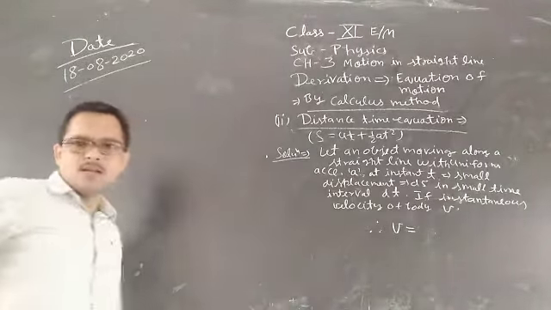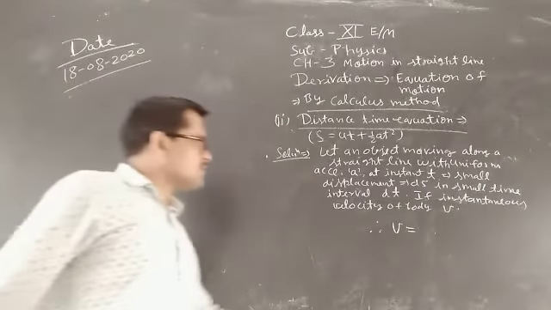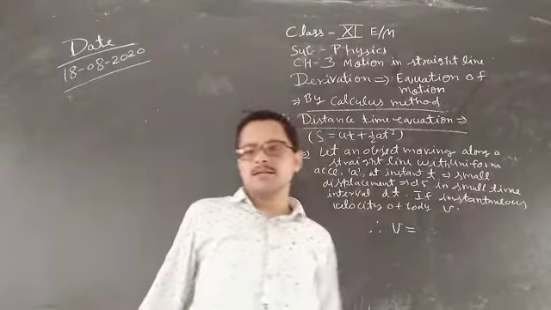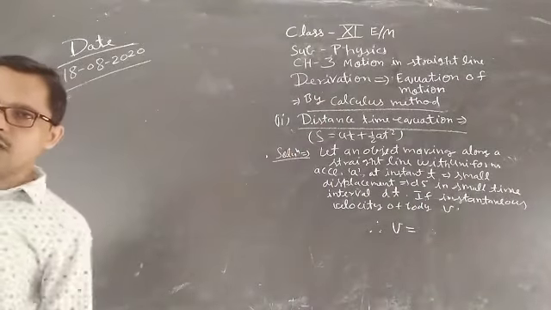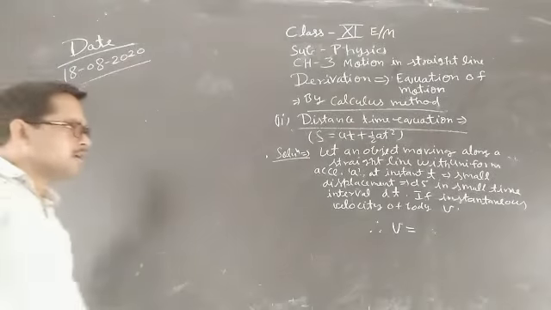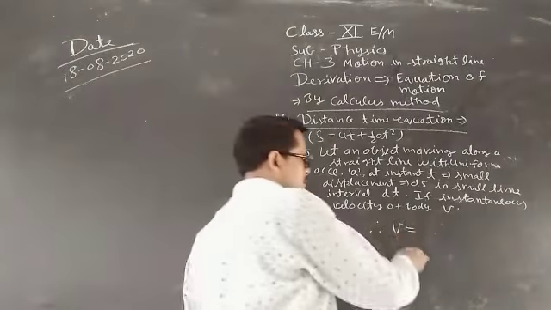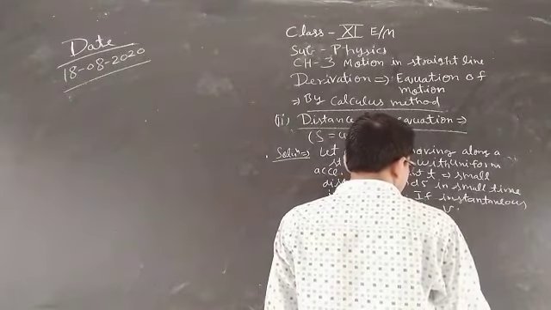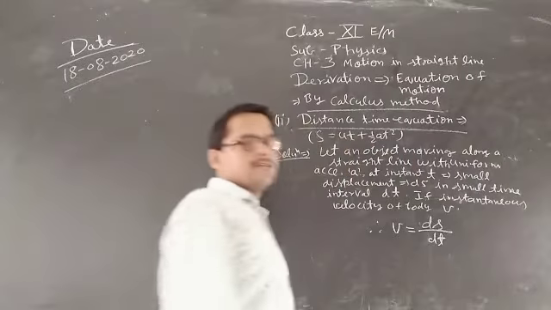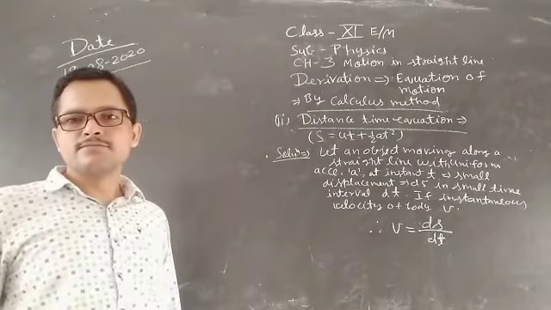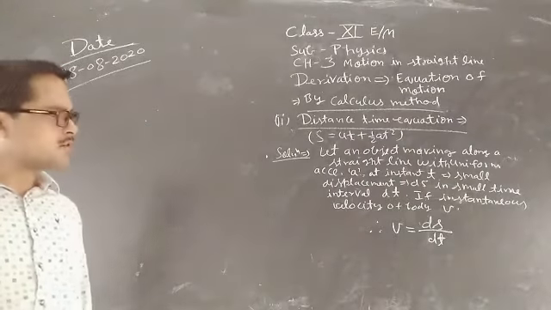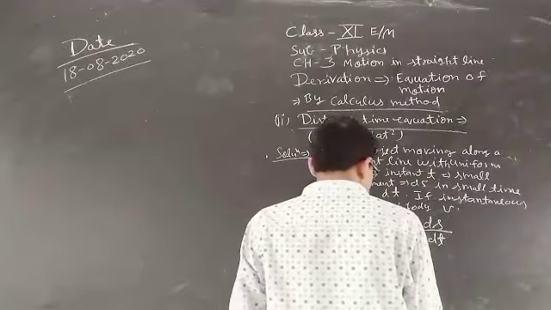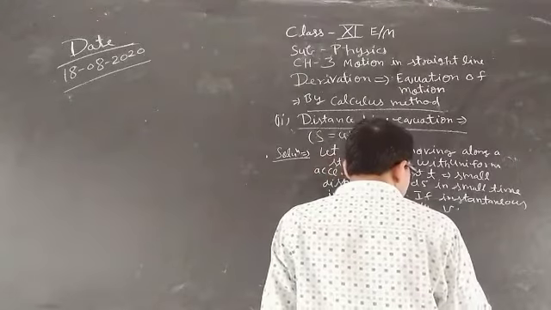Students, that's why if you have a small displacement ds and time interval dt, then velocity v is equal to ds upon dt. So we have v equals ds upon dt, and ds is equal to v dt.